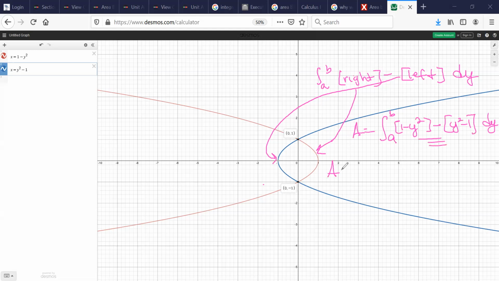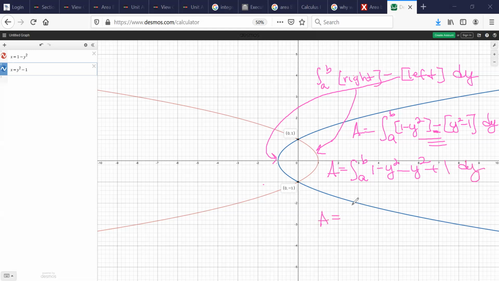So I would just go ahead and clean this up and get the negative through, and I would have 1 minus y squared minus y squared, because of this minus, plus 1 dy.